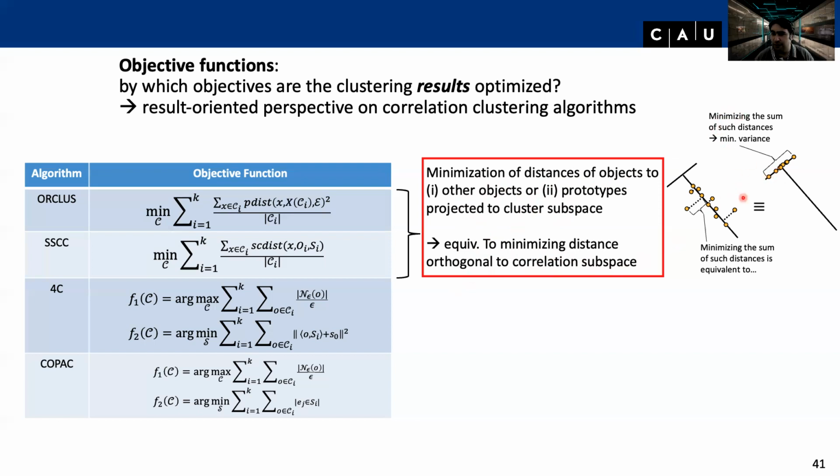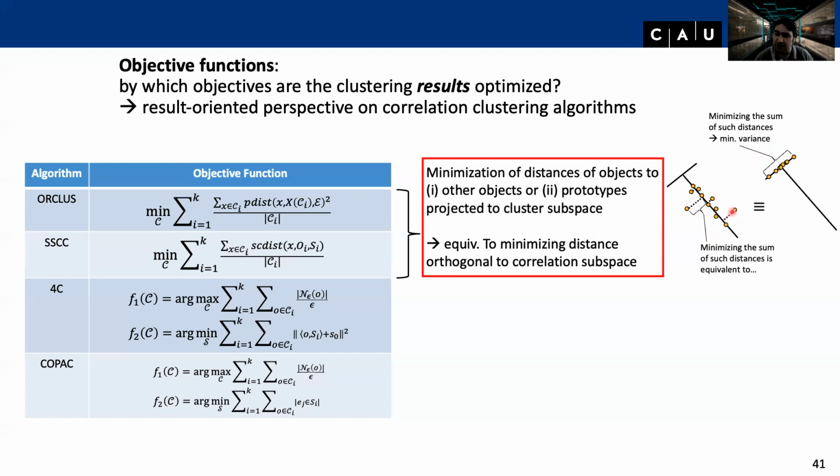Once we have here the upper part, minimizing the sum of such distances, so minimizing the variance, you want to detect clusters in such a way that this axis is as small as possible. And this view is equivalent to this statement of minimizing the sum of such distances to that particular correlation space.